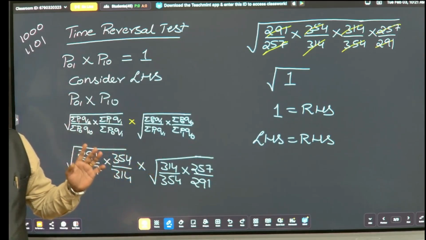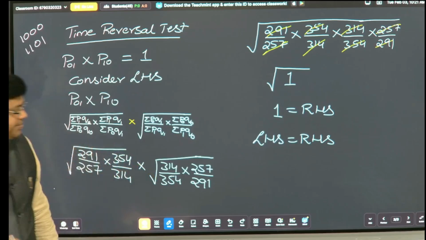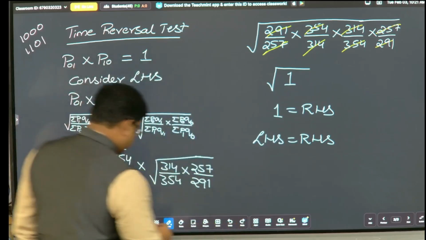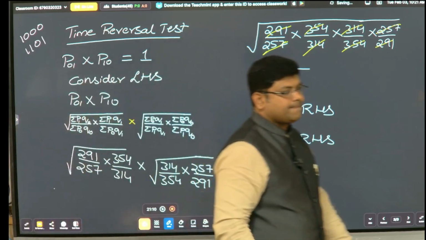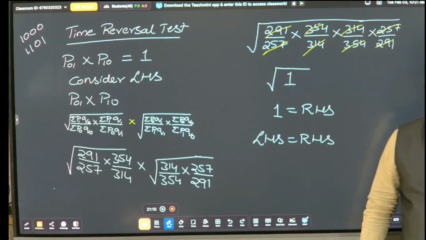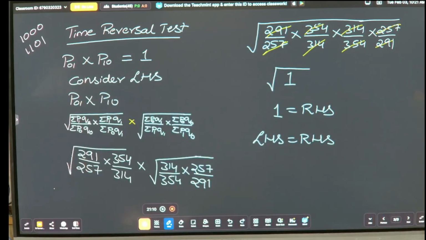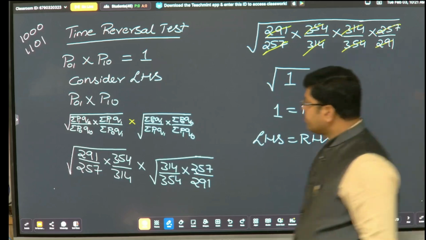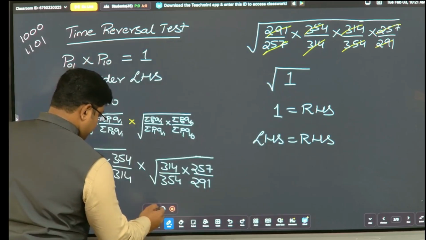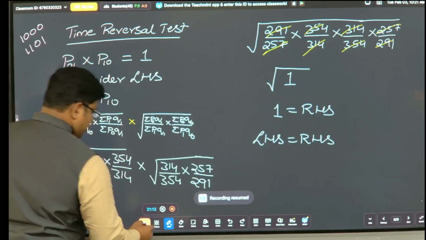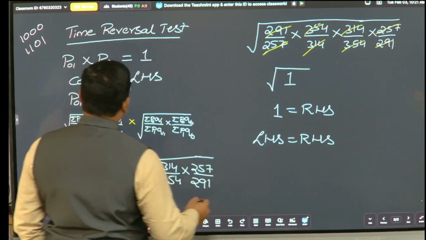Up to this, any doubt? Write down. So what we can write here?